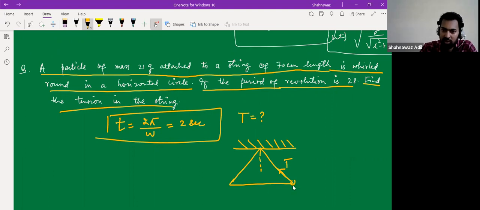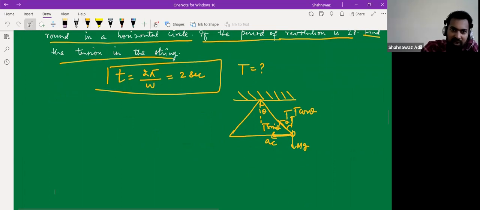This is the block, this is mg, right? So this is theta, right? So this will be theta, right? So this is again T cos theta, and we have T sin theta, right? And then your centripetal acceleration is acting, right?